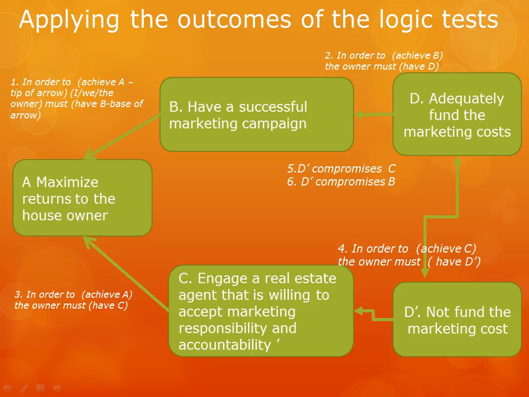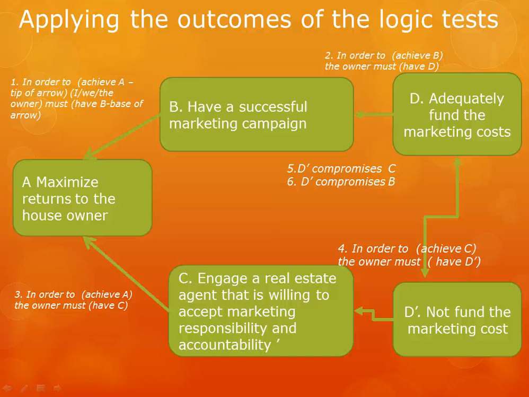So we see these things going hand in hand. There's no reason why anyone else should fund marketing if the agent is accepting that responsibility. So all of that looks good. We can see that these two are in conflict, i.e. adequately fund the marketing costs versus not fund the marketing costs. It's clear that those two are in conflict.